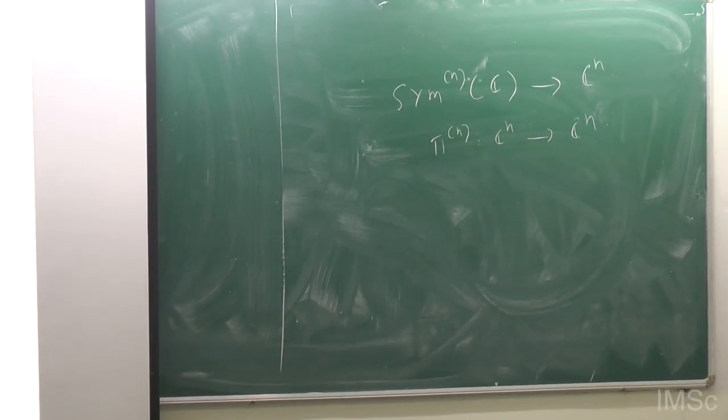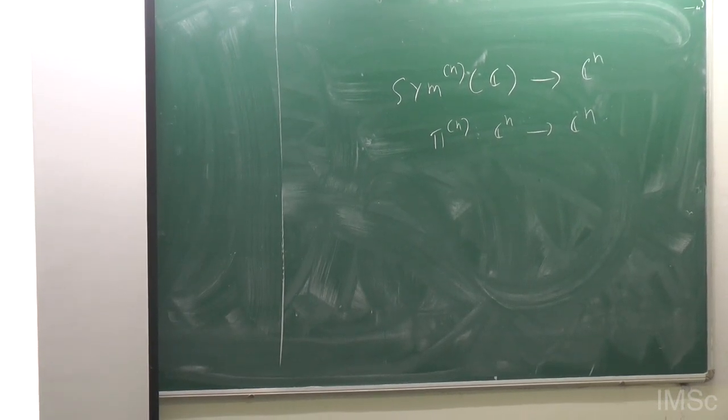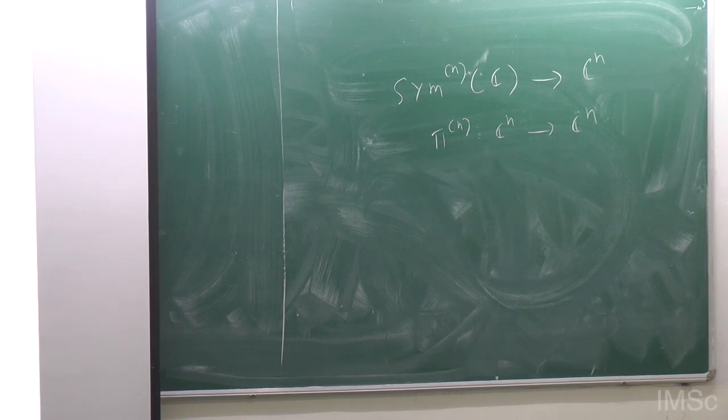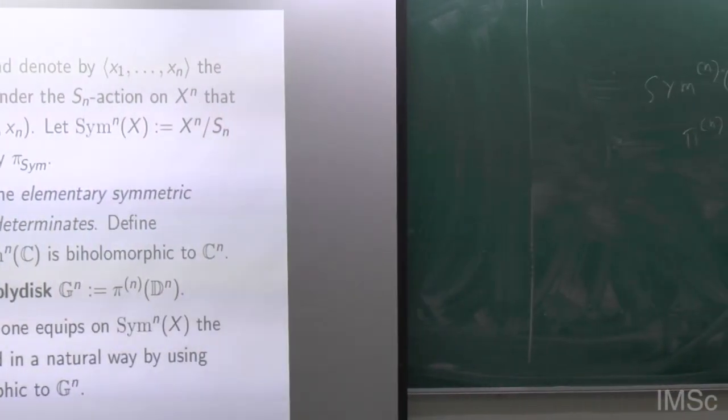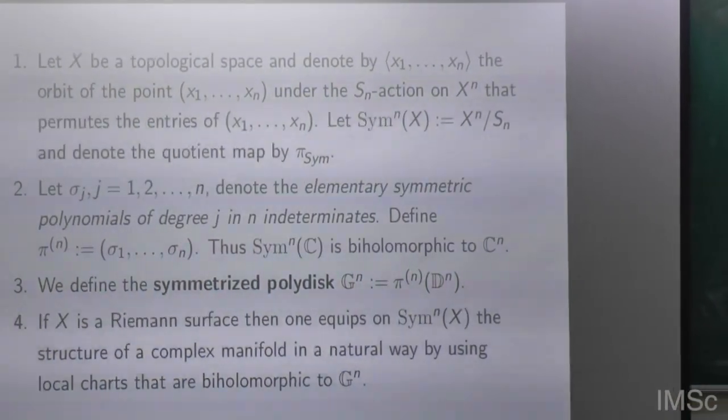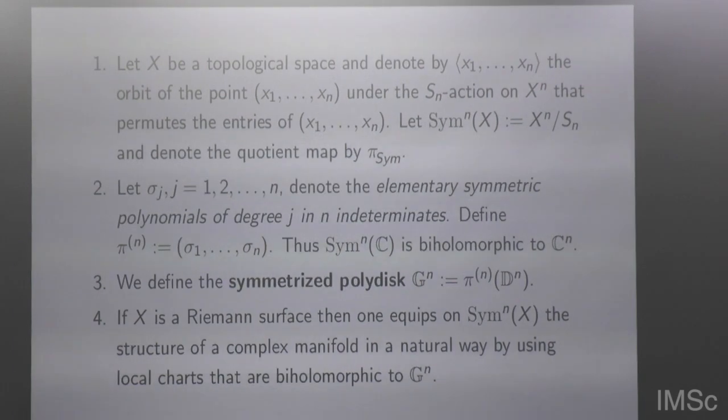This map is obviously continuous and bijective, and an application of Rouché's theorem will tell you that the inverse of this map is also continuous. So the symmetric product here is in fact biholomorphic to C^n itself. This is something that happens only in dimension 1.